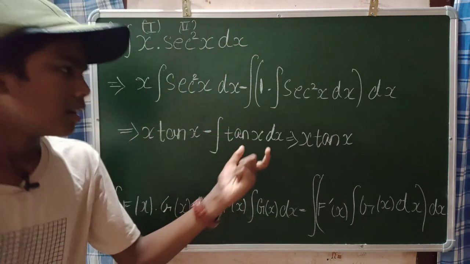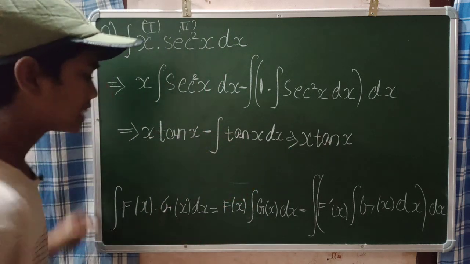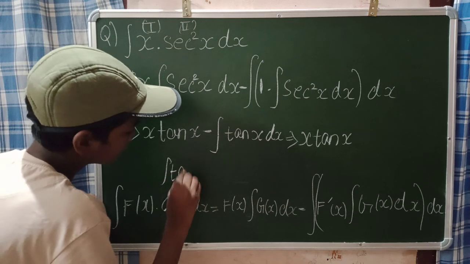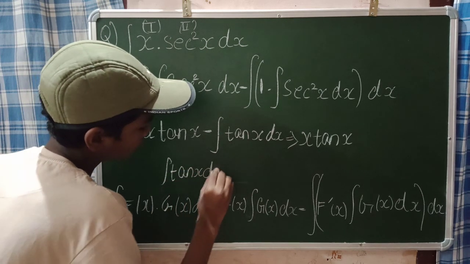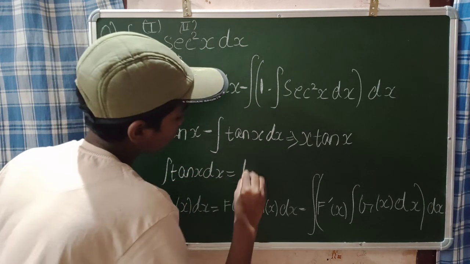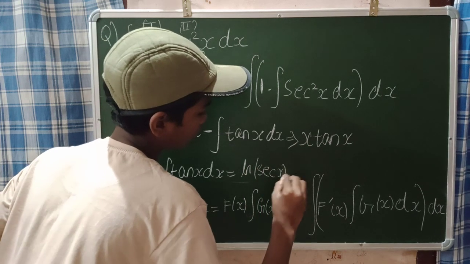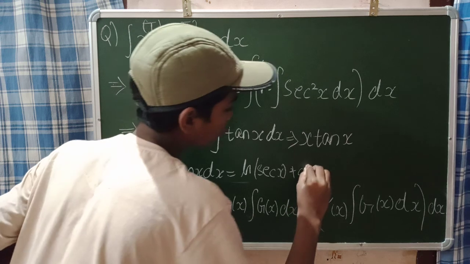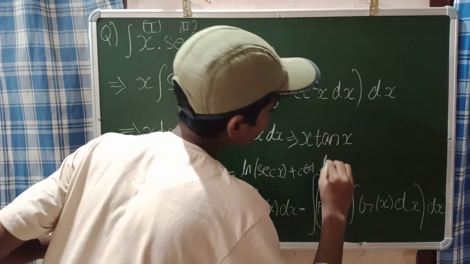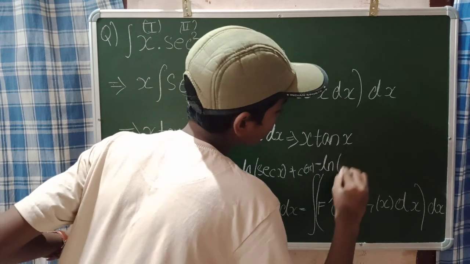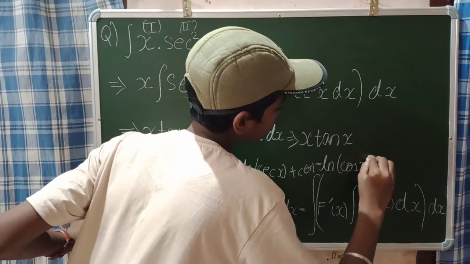We know that the integral of tan x dx can be written as, I will write here itself, ln of sec x plus some constant, or minus ln of cos x plus some constant.